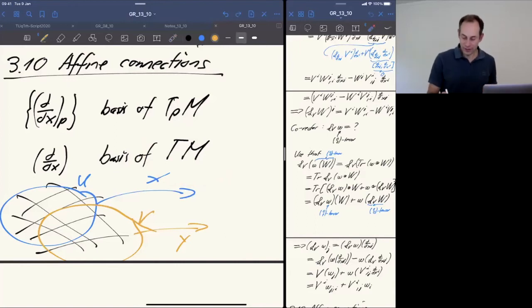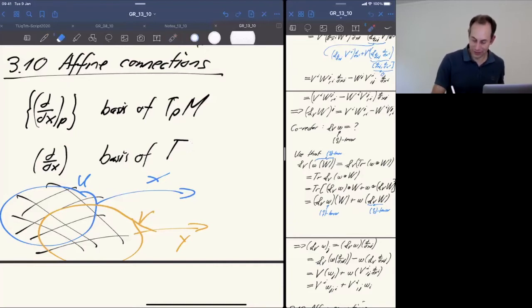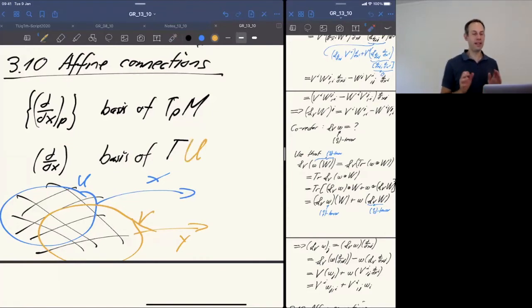Nevertheless, in a small region, as long as we restrict to U, everything is fine and we can again treat it as a basis of TU. So the statement is correct if I restrict to U, but not globally. Locally I can think of these as basis vectors, and that will be sufficient for almost everything we do, because all the calculations take place locally.